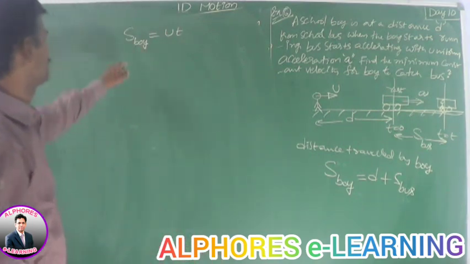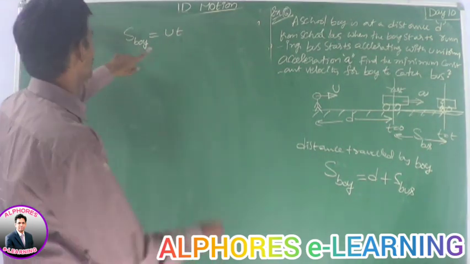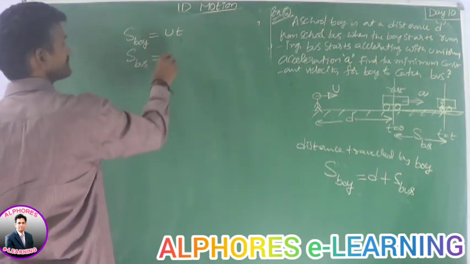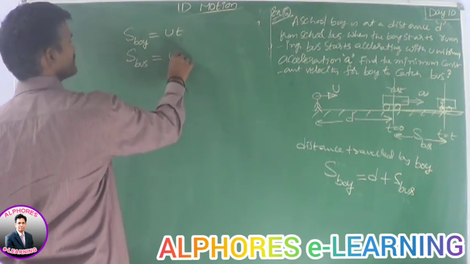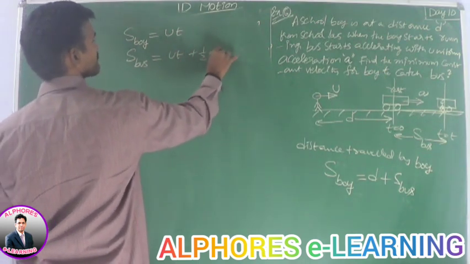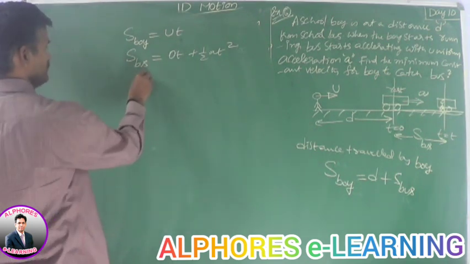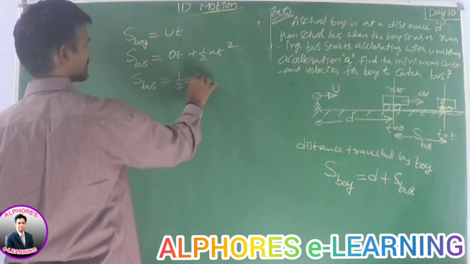So S boy is u into t. Similarly, how to calculate S bus? The bus is travelling with acceleration, so you can write it as ut plus half at square. But for the bus, u is equal to 0. So our S bus is half at square.